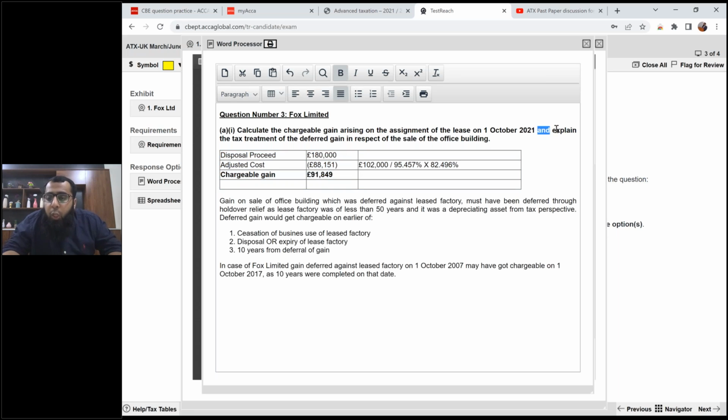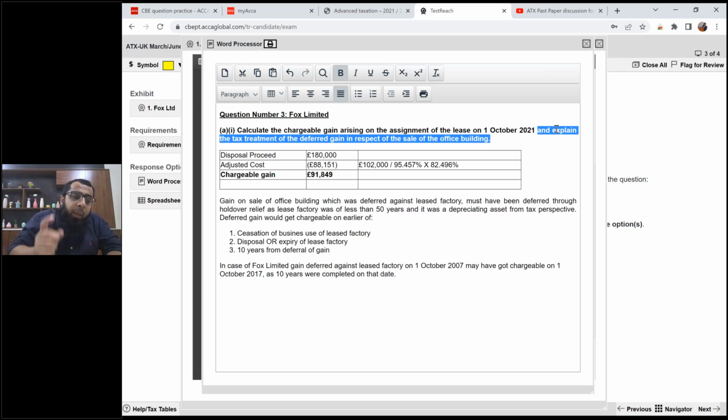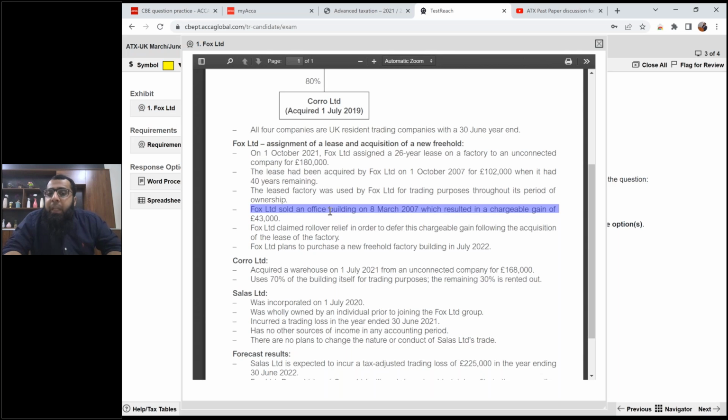Then he said, also think about the gain which was deferred, the gain which was deferred of the office building, that gain which was deferred against the acquisition of the lease factory. What will happen about that?